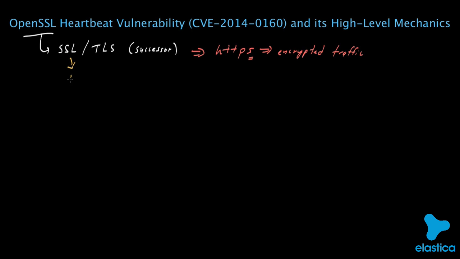Now, in version 1.0.1 and also in some of the beta releases of version 1.0.2, there is a subtle but highly critical programming mistake that can lead to an attacker learning your confidential data. A system that's running these vulnerable versions of OpenSSL can be attacked quite easily. In this video, I'm going to describe both the attack and the flaw it exploits at a high level, and I'll also talk about some of its ramifications.